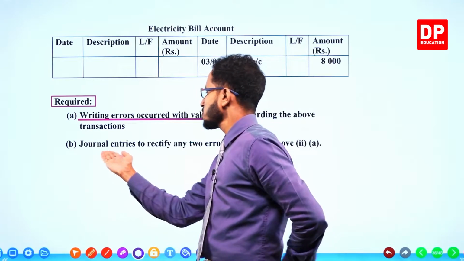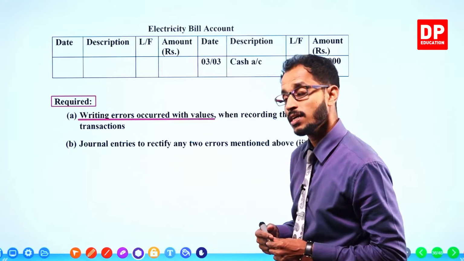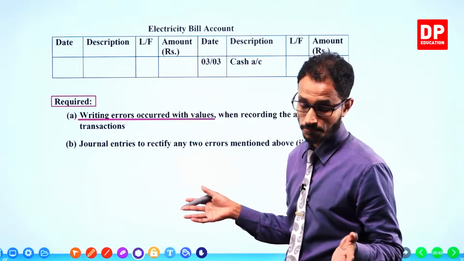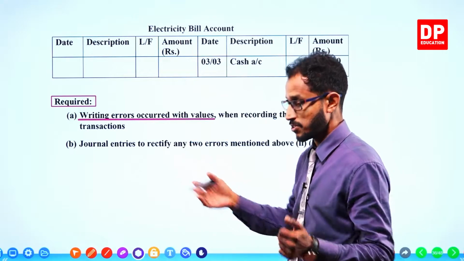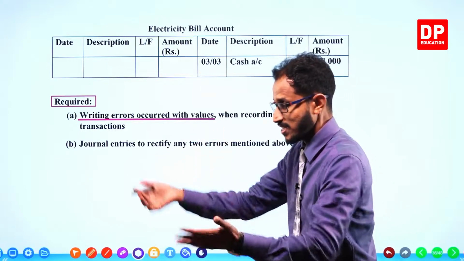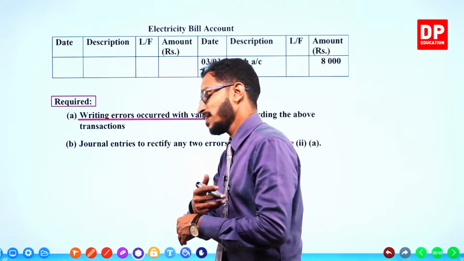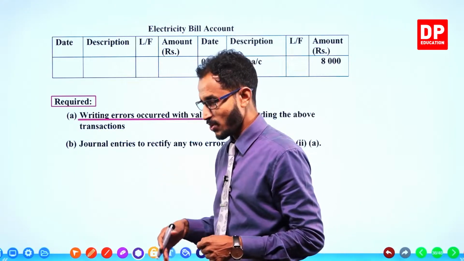Then we have the journal entries to rectify. We have to correct those errors. We correct others' errors. Sometimes we make so many mistakes ourselves, but we locate others' errors and go to correct them.